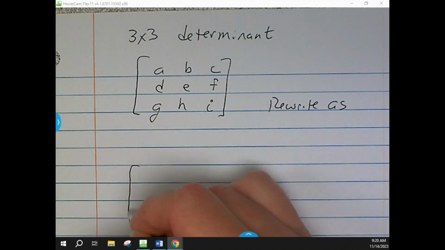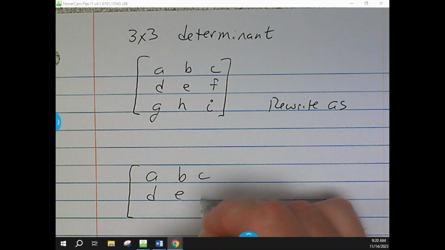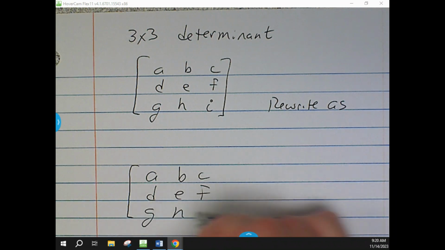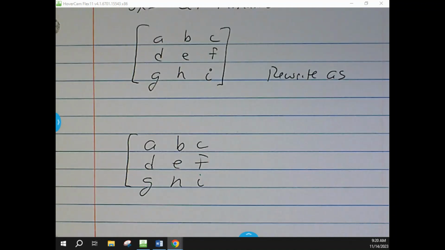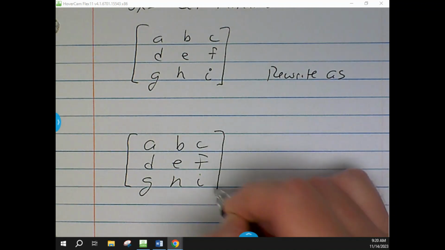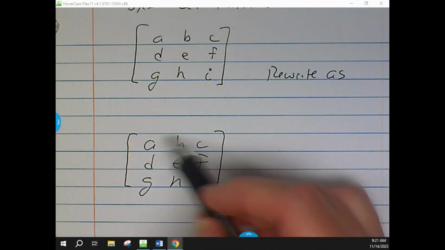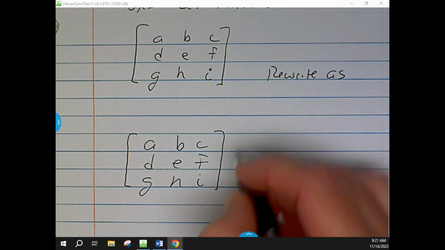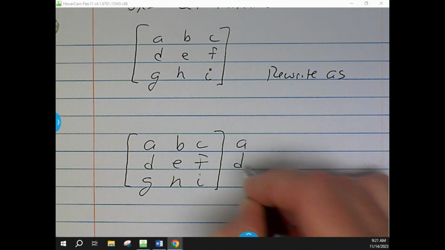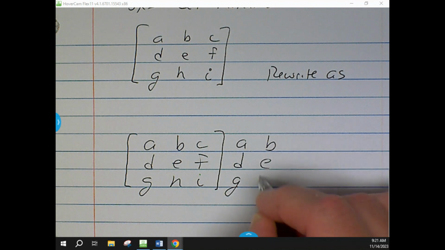So go ahead and do A, B, C, D, E, F, and then G, H, I. And then you're going to take the first two columns and rewrite them here. So go ahead and give me an A, a D, and a G, and then a B, an E, and an H.